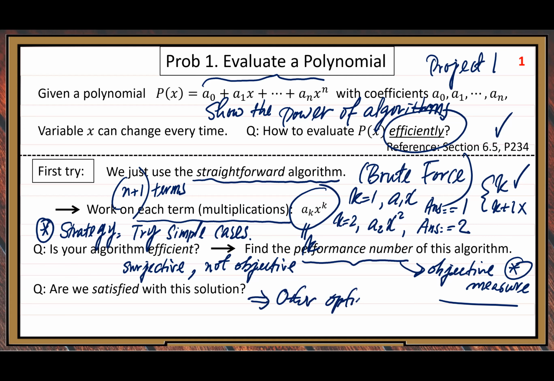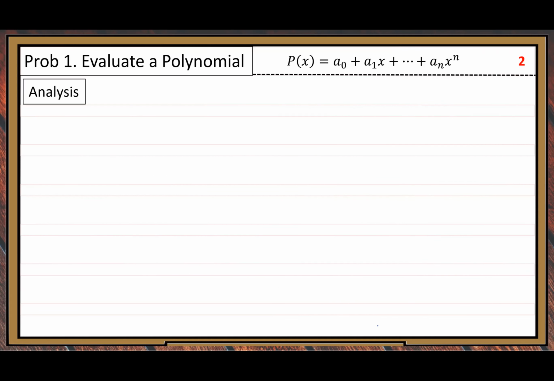If we have other options and we can do comparisons, after that, we can say if we are satisfied with the solution or not. At this point, we do not know it. We do not know if our algorithm is good or bad, because there is no comparison. We do not know how bad it is. All right, let's move to the next step.